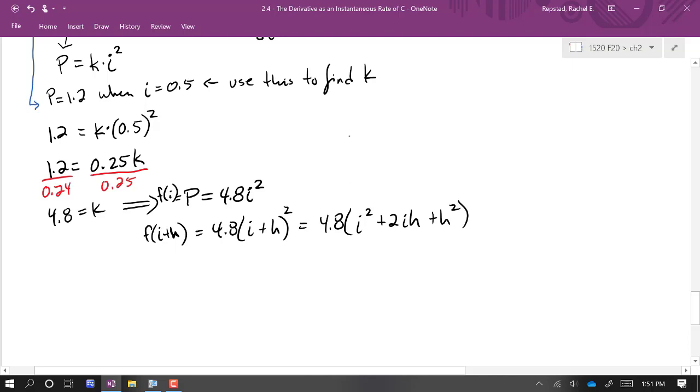I'm going to leave the 4.8 factored out this time. You could distribute it; it'll work out just fine either way. We want dP/dI, which is the limit as h approaches 0 of [f of I plus h minus f of I] all over h.